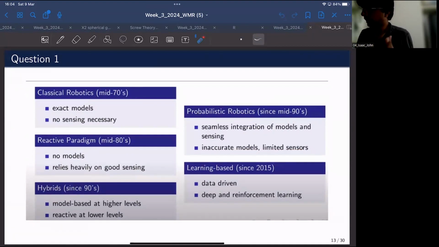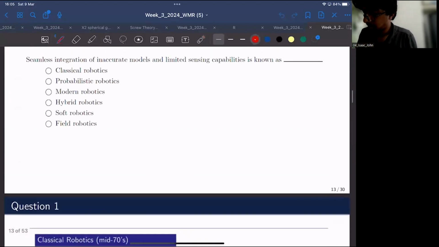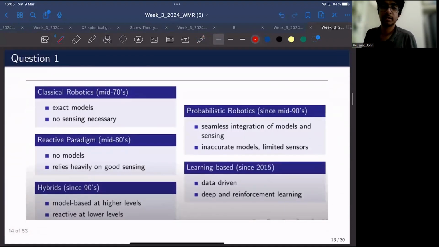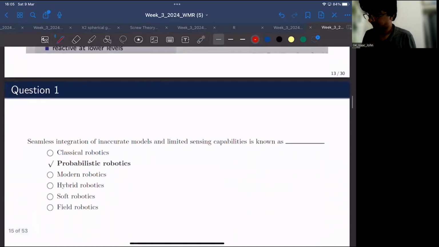So fusion between inaccurate models and limited sensing is what probabilistic robots is all about. So the correct answer is indeed probabilistic robots out of all the 5 paradigms that we have discussed.